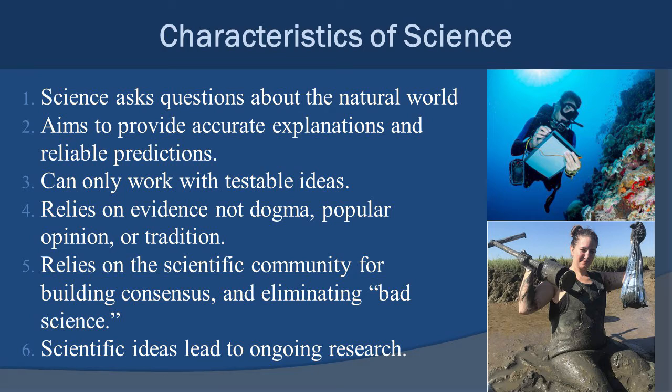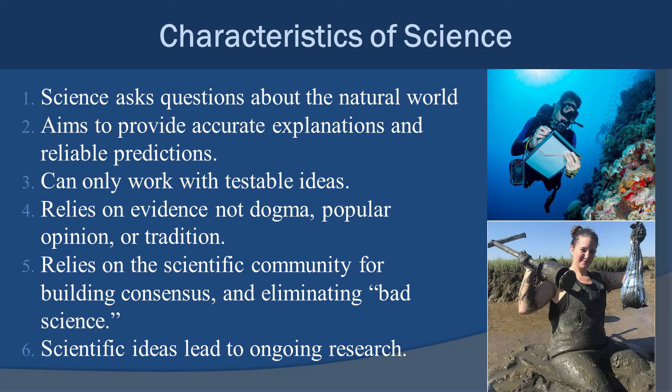Now, there are a number of characteristics of science, and we're going to go through some of them here. First, science asks questions about the natural world. We have to deal with what's right in front of us, what we can collect data from. It aims to provide accurate explanations and reliable predictions, meaning that when we come up with a hypothesis or a theory, for example, which we'll get into a little later, we want to see, do they predict correctly the outcome?